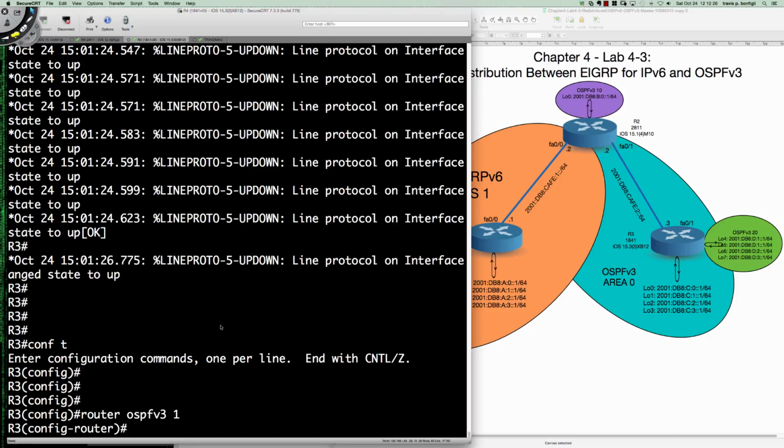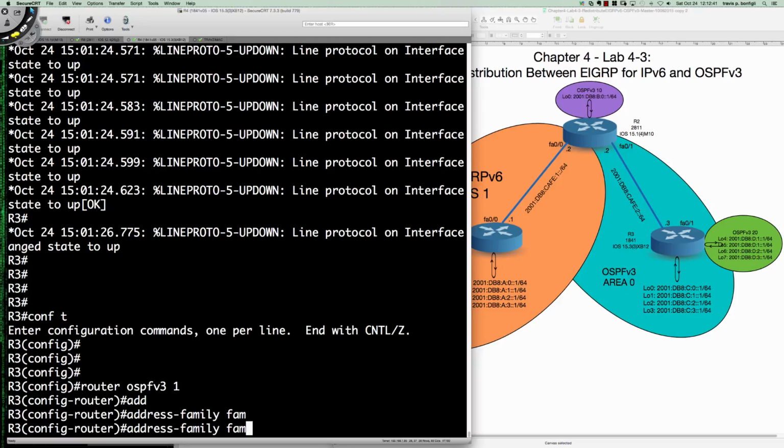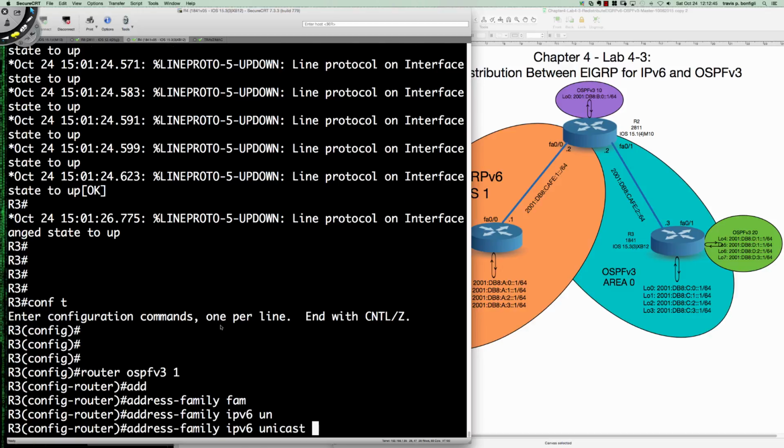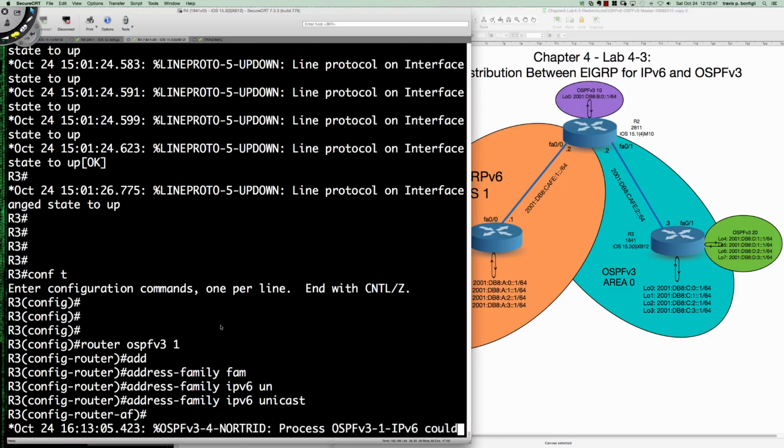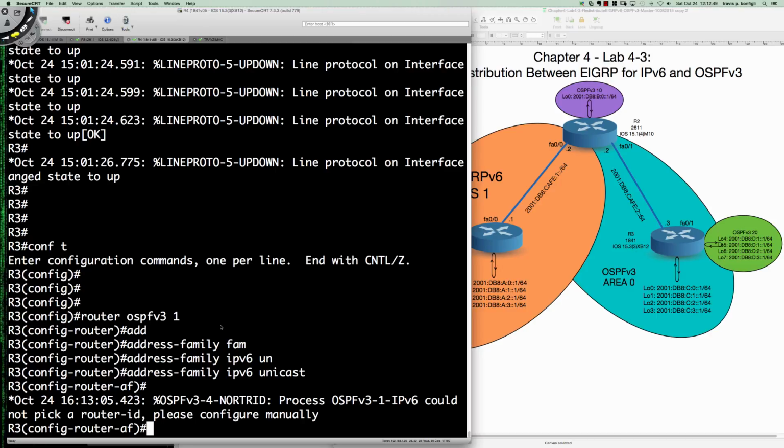So now on router 3, we're running OSPF in named mode, or I should say address family mode, not name mode. OSPFv3 with address family mode. So let's go into address family IPv6 unicast, and they want us to go ahead and set the router ID right away.